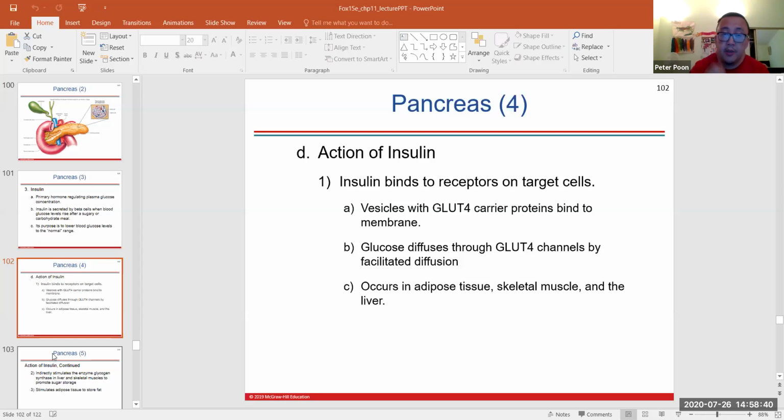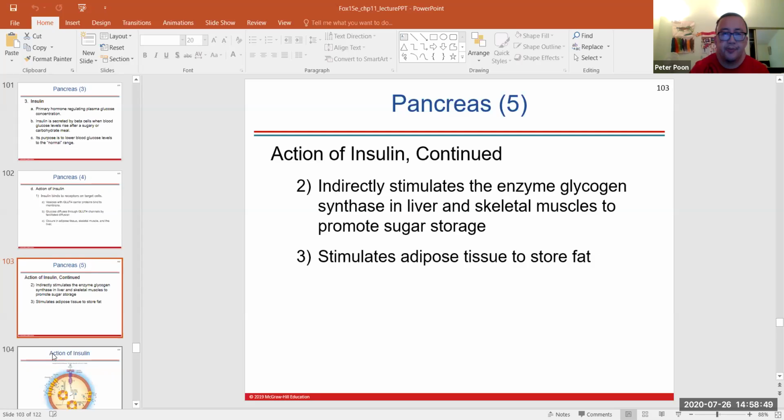Glucose transport proteins bring in glucose. This occurs in adipose tissue, skeletal muscle, and the liver. It indirectly stimulates the glycogen synthase in liver and skeletal muscles to promote sugar storage, and it stimulates the adipose tissue to store fat.